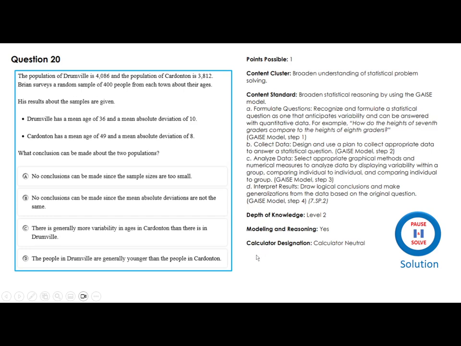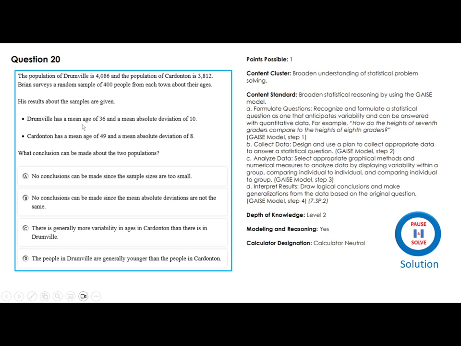The population of Drumville is 4,068, and the population of Cardonton is 3,812. Brian surveyed a random sample of 400 people from each town about their ages. His results about the sample are given.